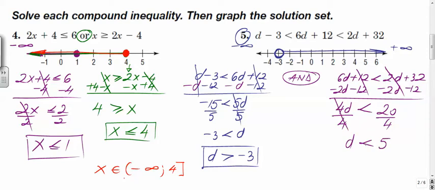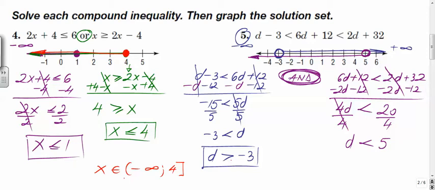Okay, to graph this one on the number line, you will plot your 5, empty circle, and it has to be less than that. So it'll be everything down to the negative infinity. All the numbers from 5, excluding 5, to negative infinity. And your solution set, because it has to be both conditions here, your numbers should satisfy both requirements, right?